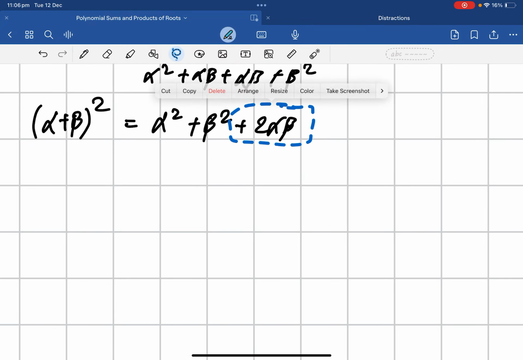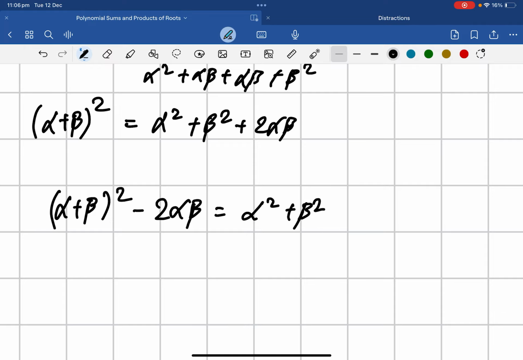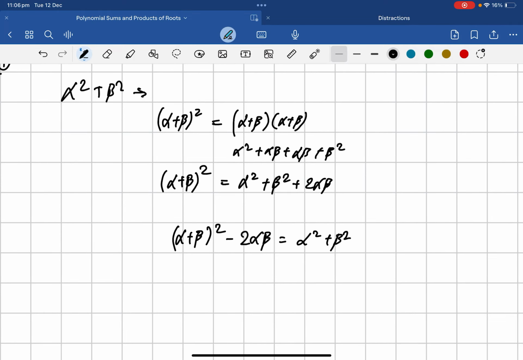This 2 alpha beta, if you switch it to the other side, alpha plus beta whole squared minus 2 alpha beta is equal to alpha squared plus beta squared. Well, bam, boom. There you go. You got this part, alpha squared plus beta squared, on one side, and you got what it is on the other side.